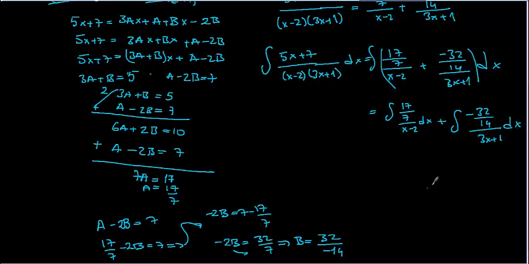We can separate like this, and these coefficients may be written in front of the integral sign. So 17 over 7 times the integral of 1 over x minus 2 dx, plus minus 32 over 14 times the integral of 1 over 3x plus 1 dx. This should be in parentheses because we are going to make the sign minus later.